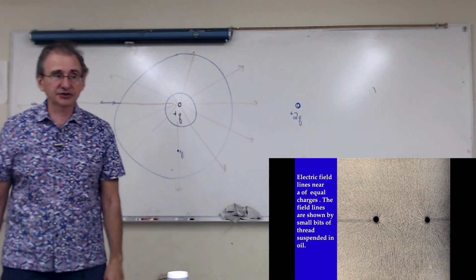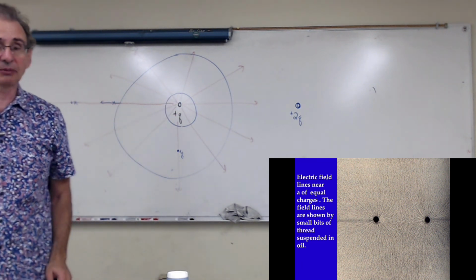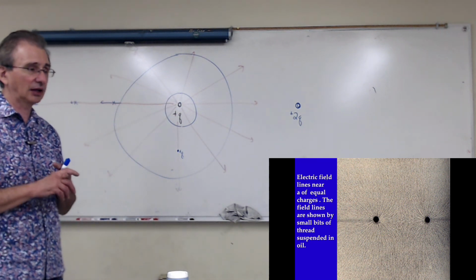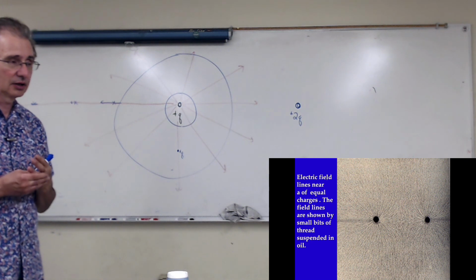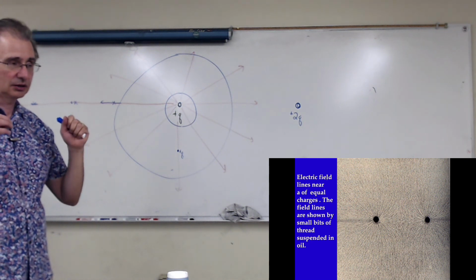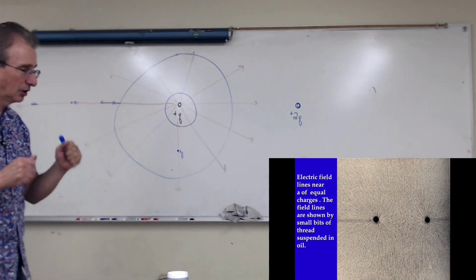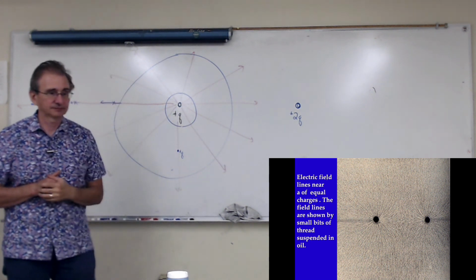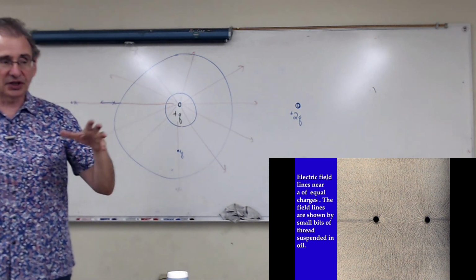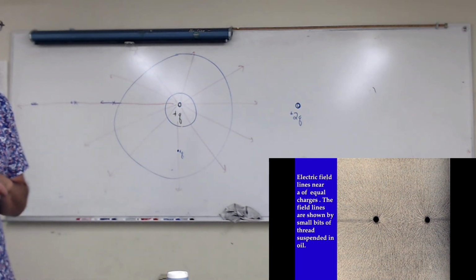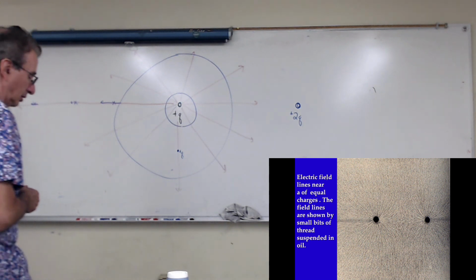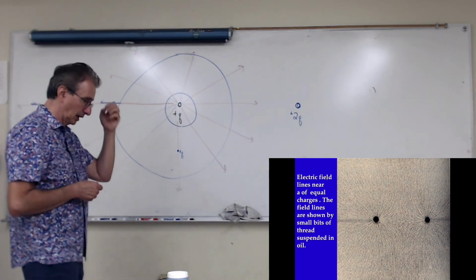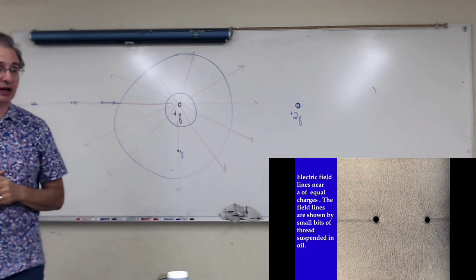So here are a couple of examples, and after I show you the examples, I'll be done. I have the electric field lines due to two equal charges. What was done in this picture was to put two conductors in oil, and there were threads of string in the oil.